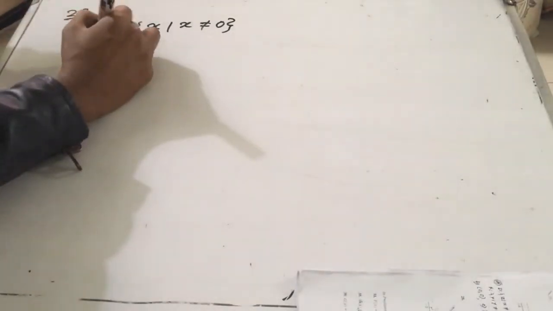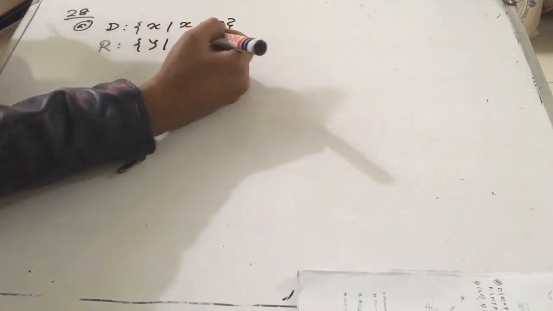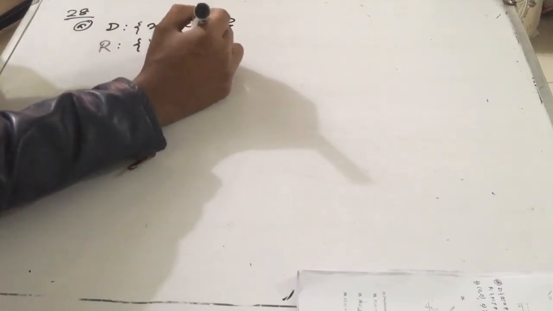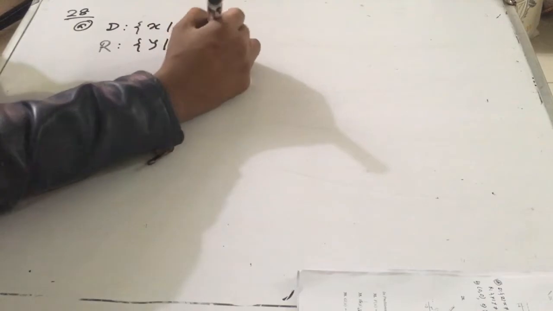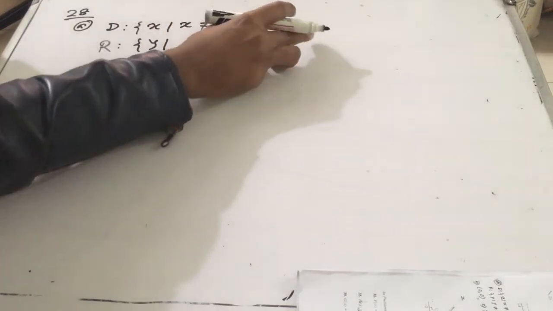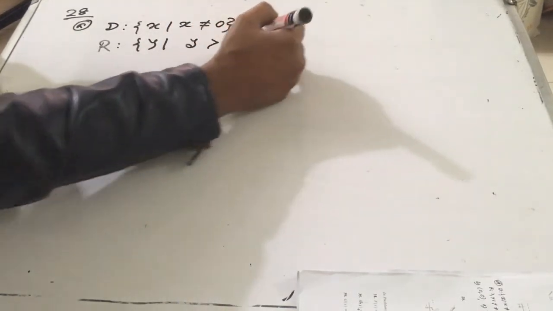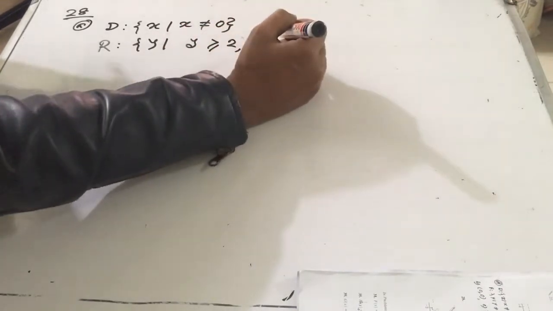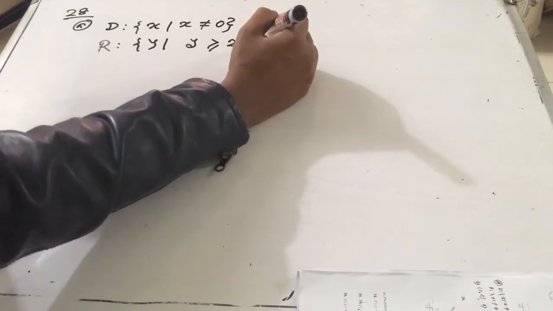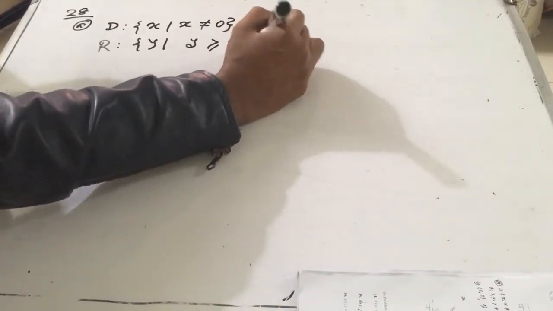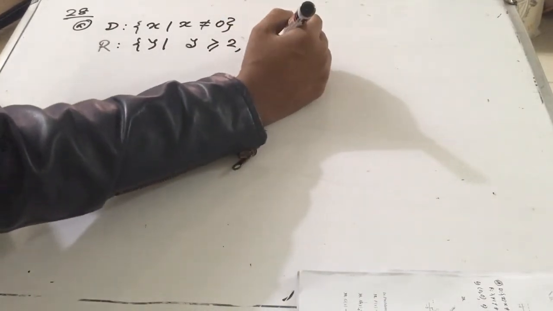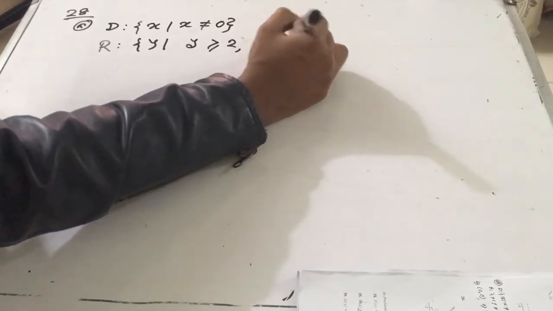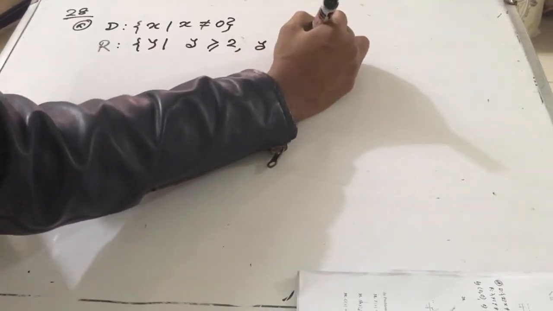How to write it? Let me show you that. So the range will be y, all the real numbers, and the condition is what type of real number? The condition is y has to be greater than or equal to 2, because it is included. Then another condition is y has to be less than or equal to minus 2.